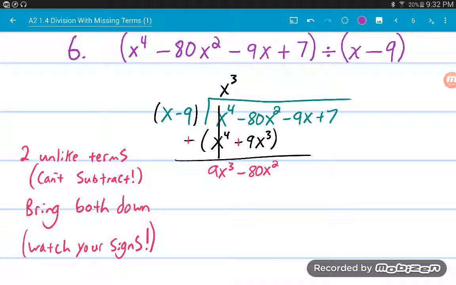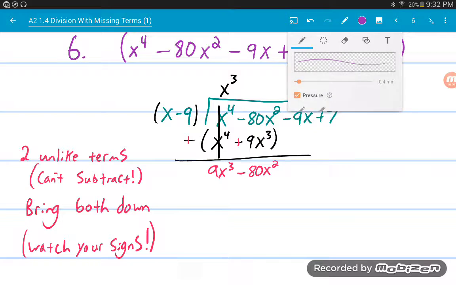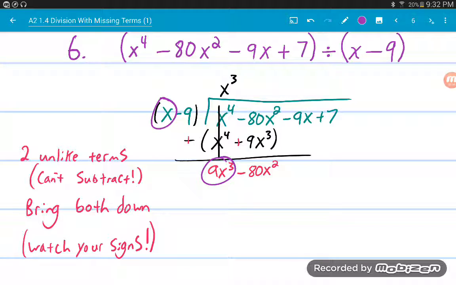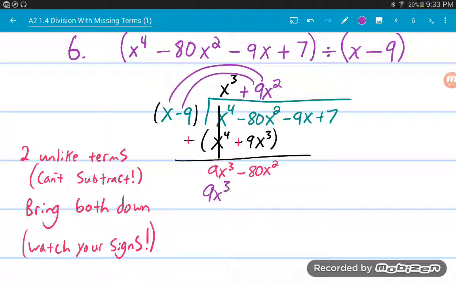X goes into 9x cubed a positive 9x squared times. Distribute that over. 9x squared times x is 9x cubed. 9x squared times negative 9 is going to be negative 81x squared.